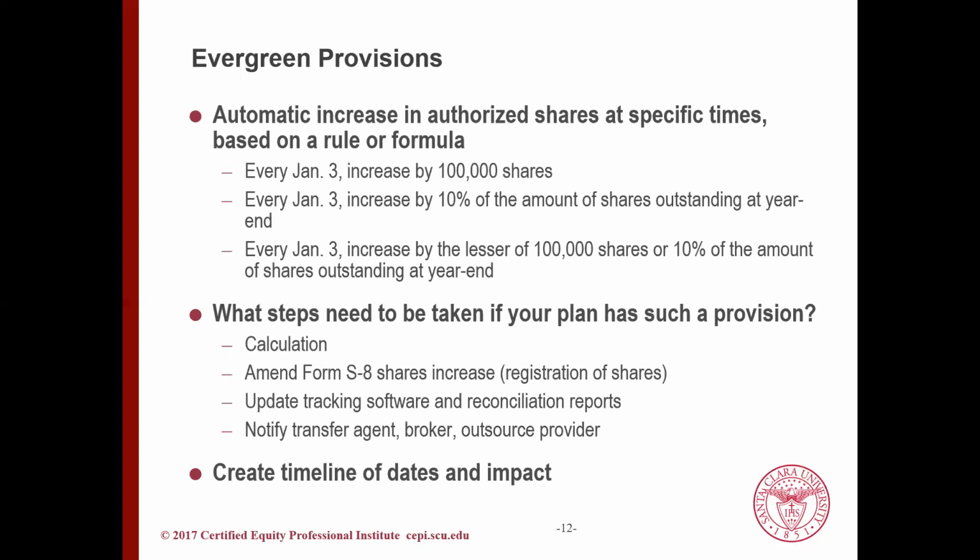This is usually set up in a percentage format. There's usually a maximum number of shares that can be put into the plan. And the best thing that comes out of an evergreen provision is that it can alleviate plan shortfalls of shares so that you don't run out of shares in the middle of a plan year and have to seek shareholder approval in order to issue additional shares.